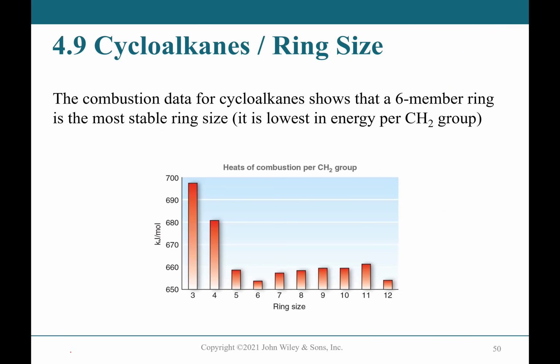It says the combustion data for cycloalkanes show that a six-membered ring is the most stable ring size. Right here. So if we go above, the strain increases, and if we go below, it increases. Note that at 12, though, it starts going back down.